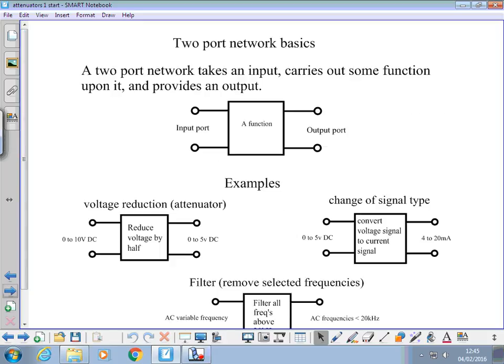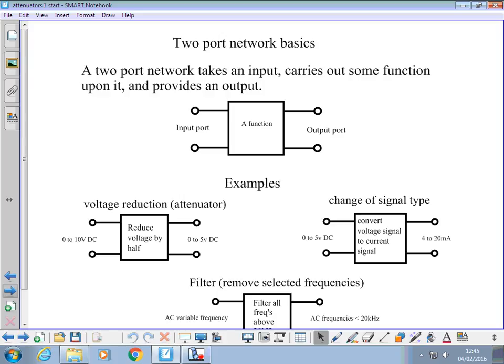So the basics: a 2-port network in general, and we're going to look at 2 networks, an attenuator and a filter, takes an input and carries out some function on it to provide an output that is usually different in some way. There's a type of network you'd call a buffer, which actually puts out exactly what goes in.